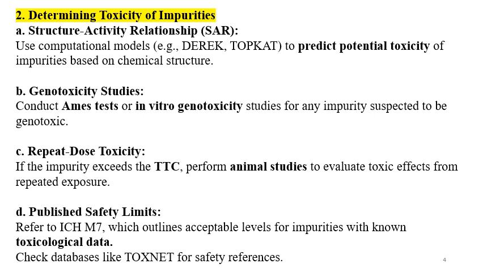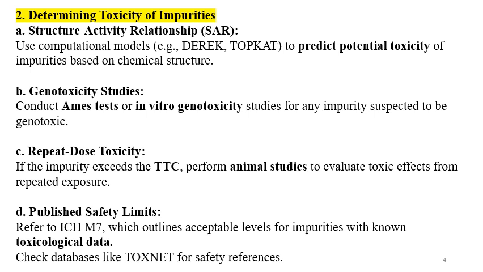These studies are for any impurity suspected to be genotoxic. It is related to the nitrosamines. So generally these studies are done for the nitrosamines also. If the structure is unknown, then you should make it known and then do the studies.